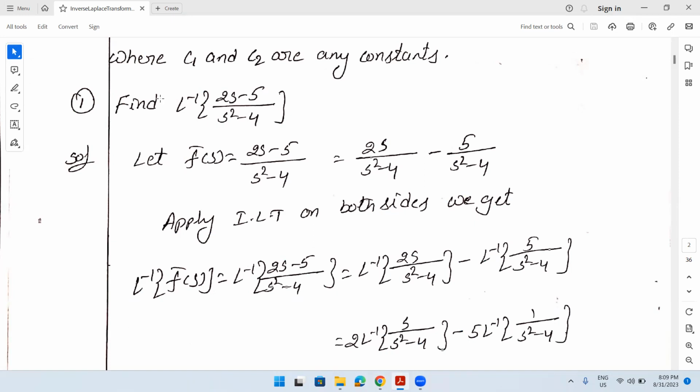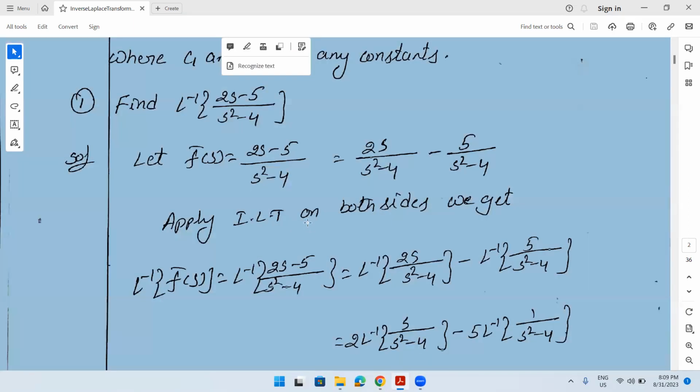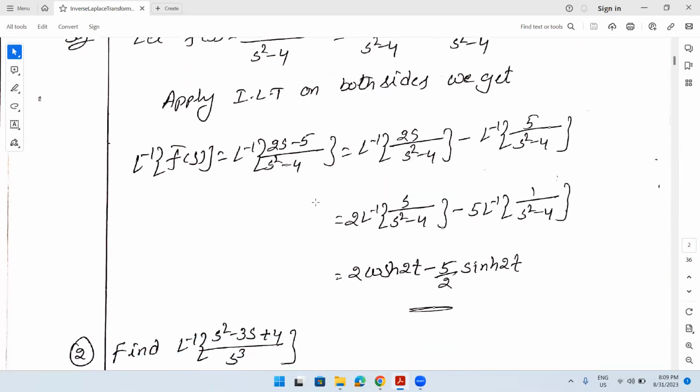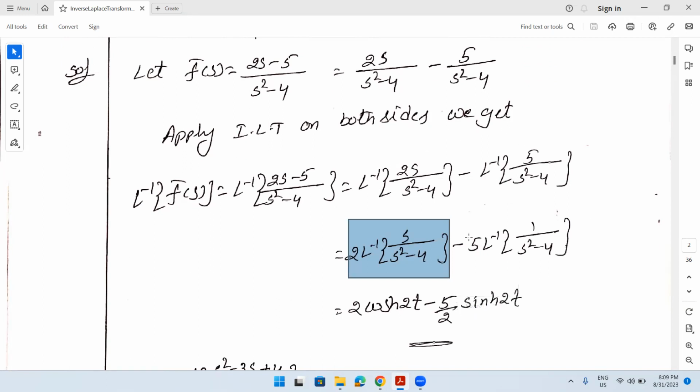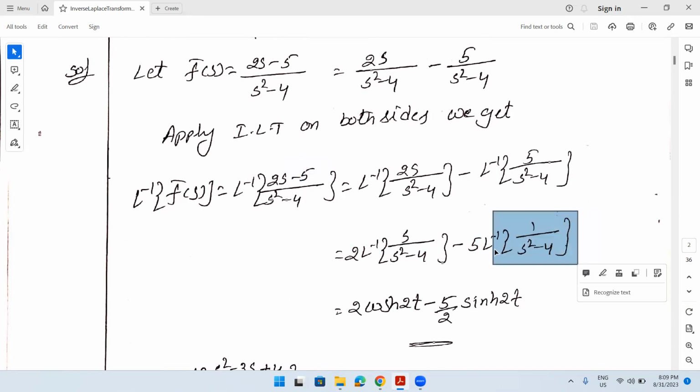So the first question is L inverse of (2s minus 5) by (s square minus 4). Here separately we do 2s by (s square minus 4) minus 5 by (s square minus 4). Here we apply the linear property. By the linear property, we can take 2 outside: 2 into L inverse of s by (s square minus 4), and minus 5 outside, L inverse of 1 by (s square minus 4).